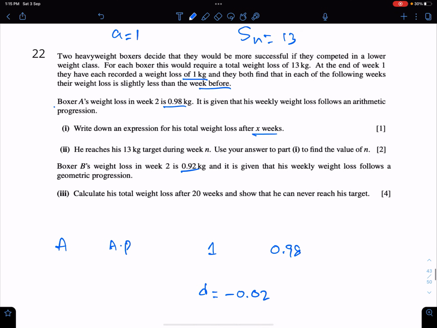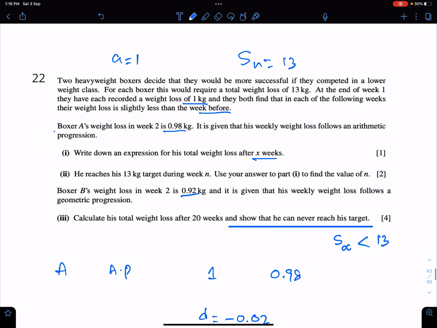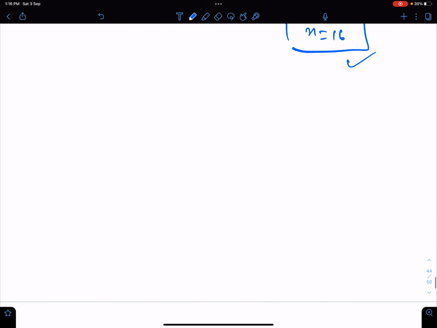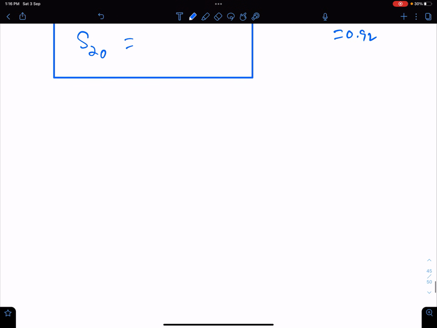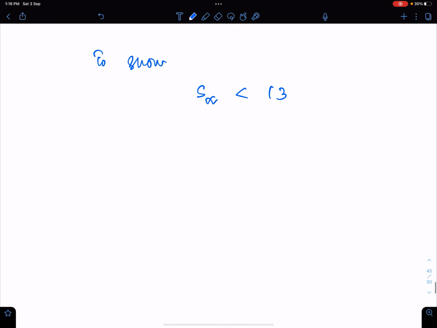Now, the last part: show that he can never reach his target. This means S infinity. He can never reach his target means S infinity must be less than his target, which is 13. We have to show S infinity is less than 13 in the last part of this question.